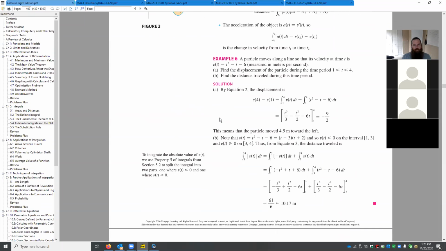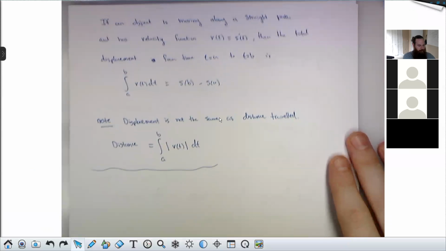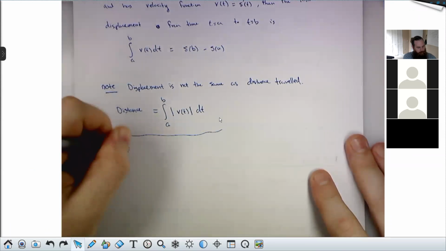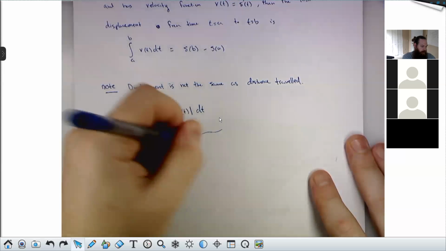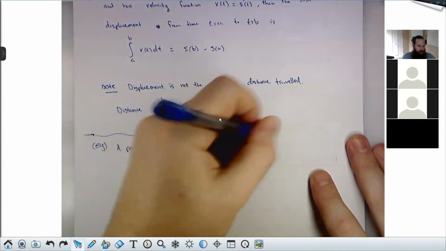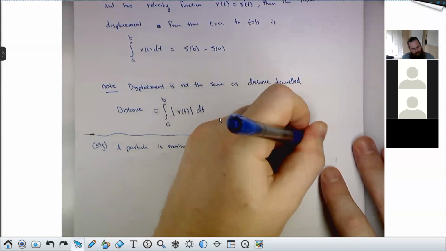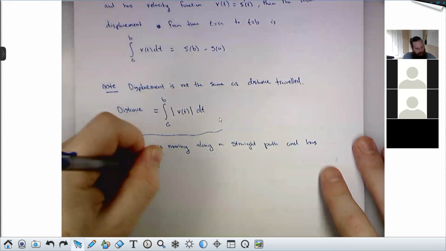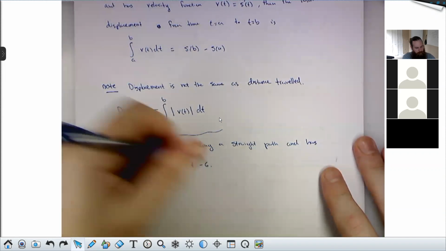So let's do example 6 here. A particle is moving along a straight track and has velocity function v of t equals t squared minus t minus 6.